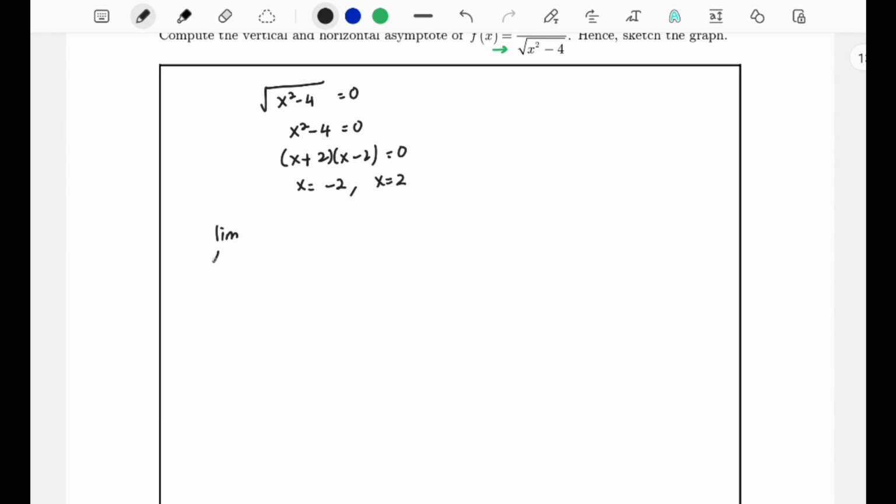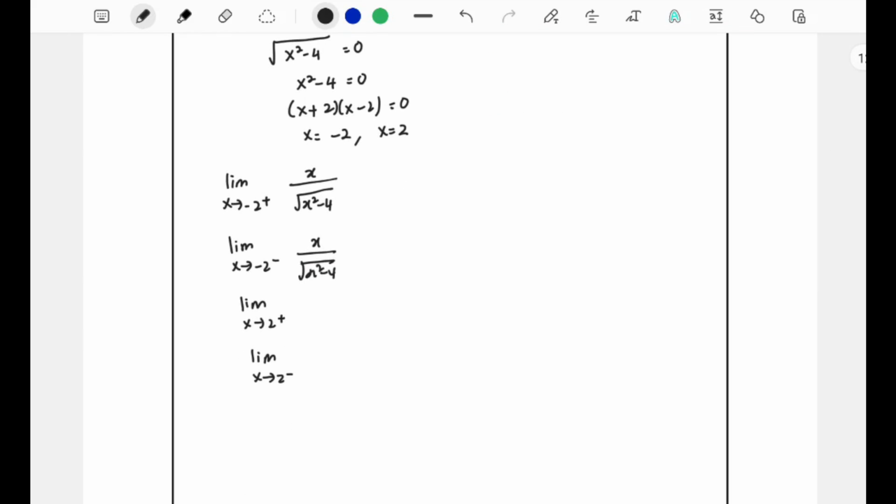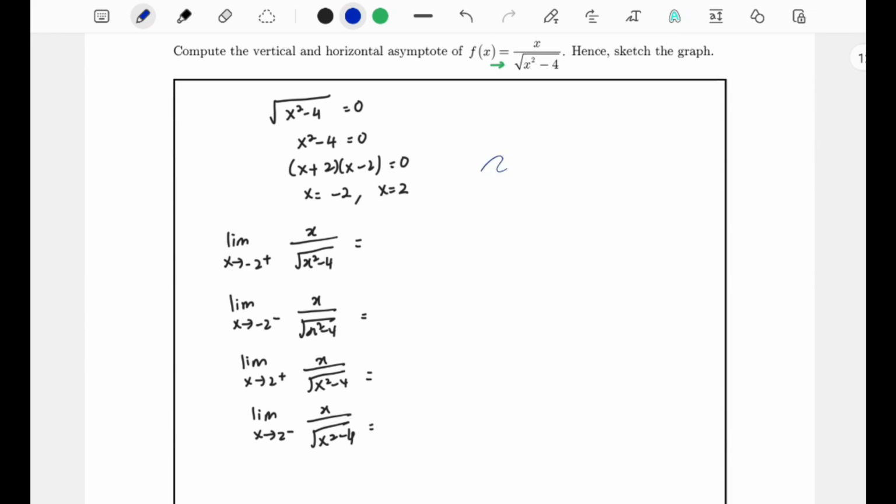We're going to approach -2 from the right, -2 from the left, 2 from the right, and also 2 from the left. Okay, we're going to copy down the function, and then write down the number line.